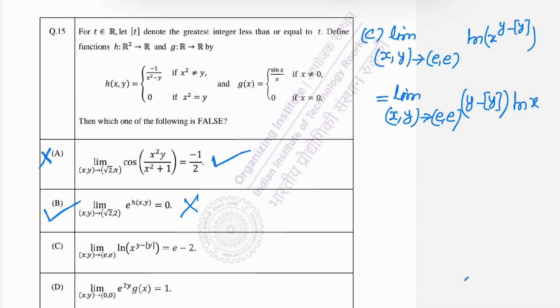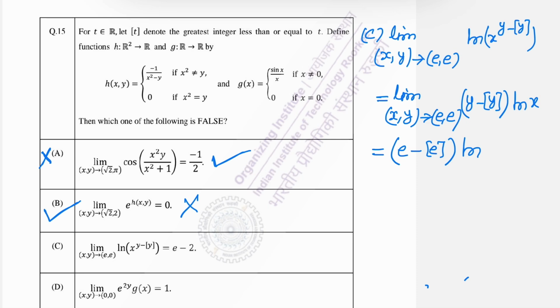So we can get this limit by directly putting the values, and at the place of y we put e, so it is e minus the integral part of e, and here ln x.